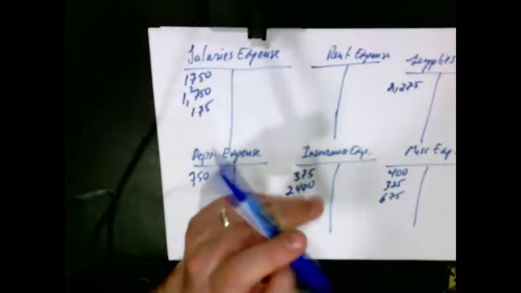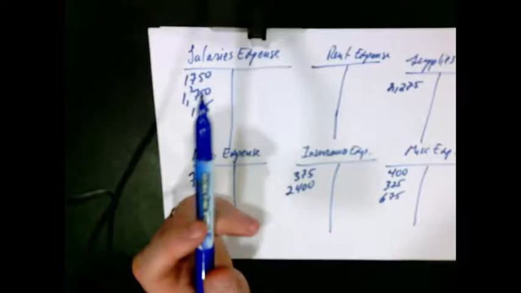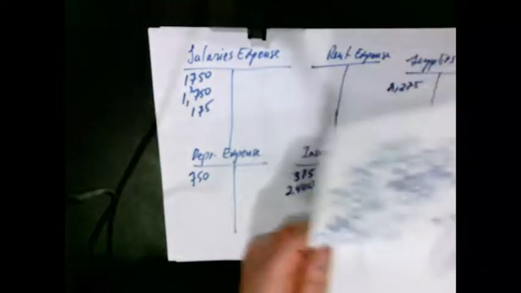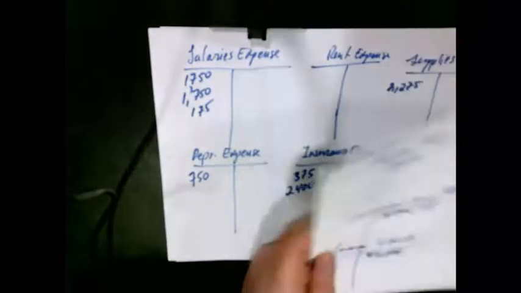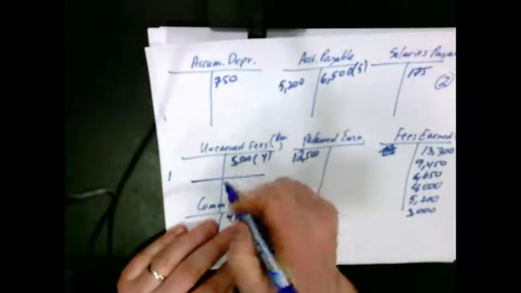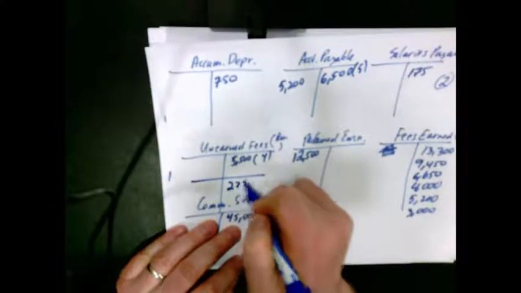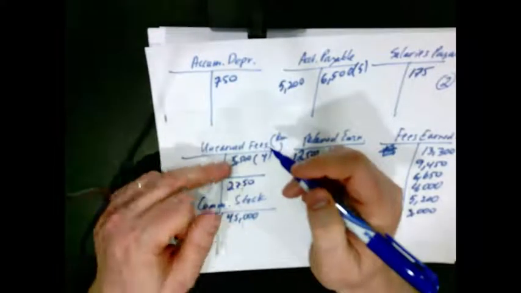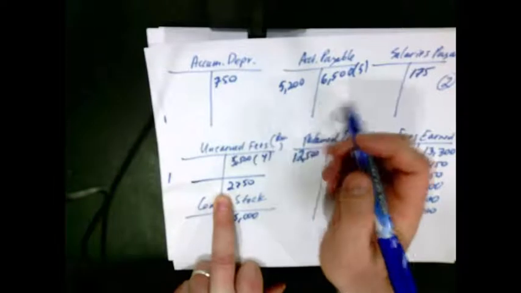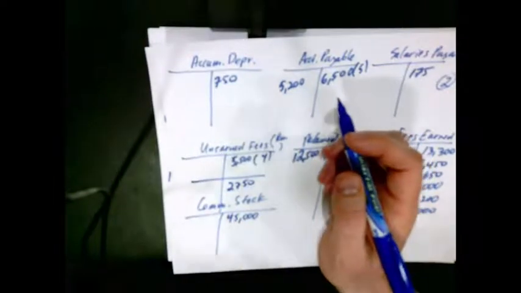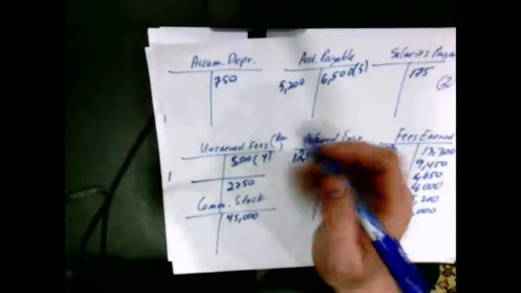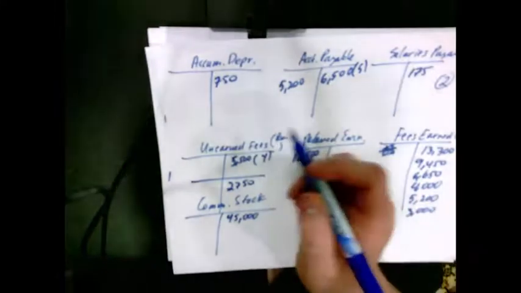And finally, unearned fees from July 31st were $2,750. So go back to our unearned fees account. Right here, it says the balance needs to be $2,750. Well, what we have here is $5,500. It needs to go to $2,750, which means that some of the fees were actually earned during the month.